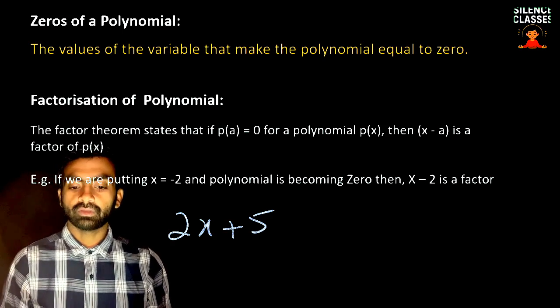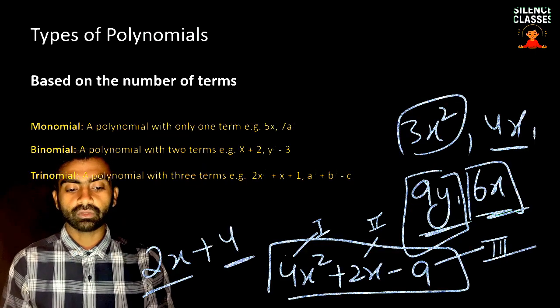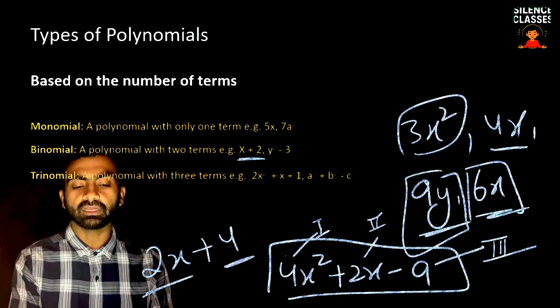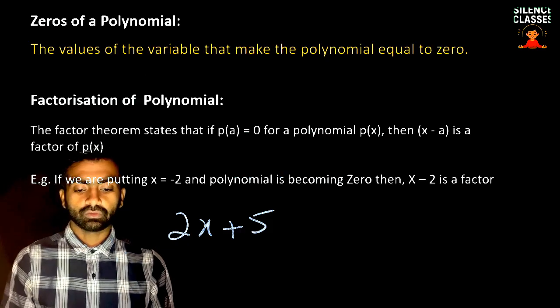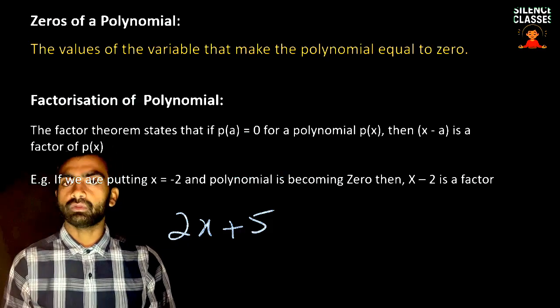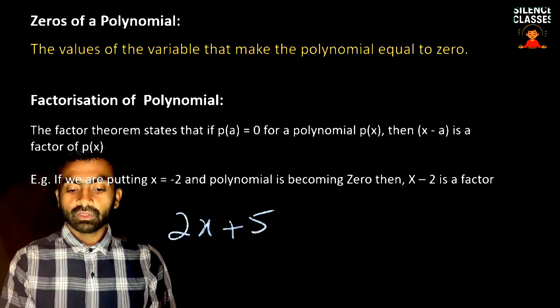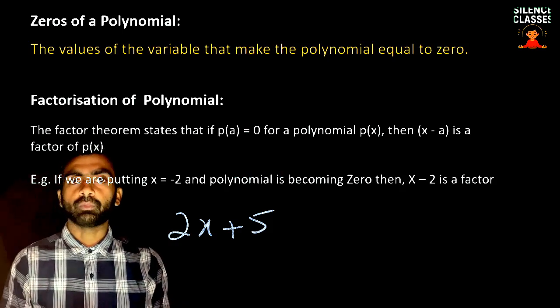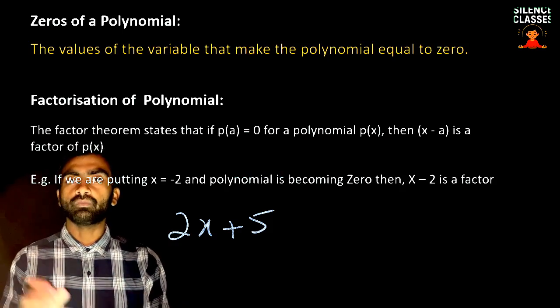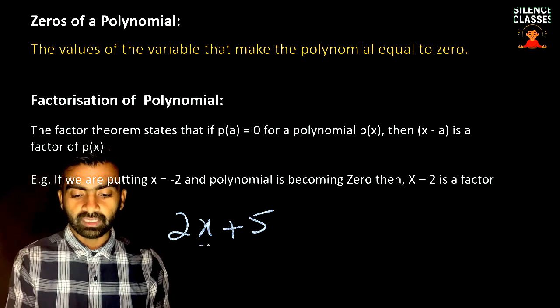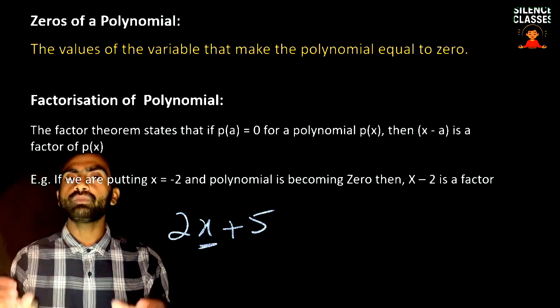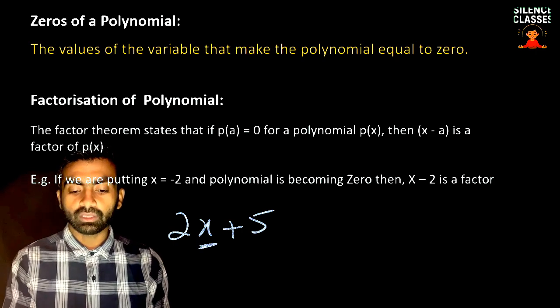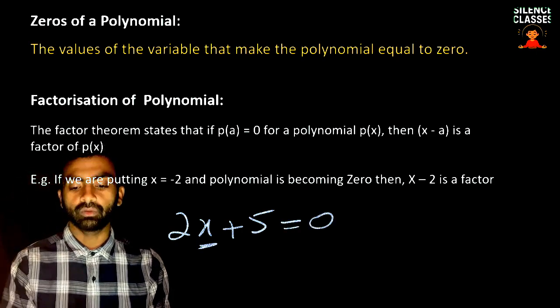On the basis of terms, I have already told you that whenever there are two terms, it is a binomial. So it is a binomial polynomial. So what is the zero of the polynomial? Zero of the polynomial means what? In the place of x, what we have to put to make the equation equal to 0.